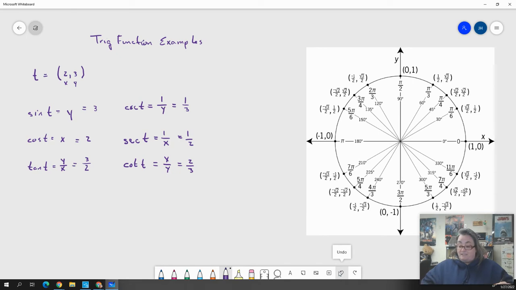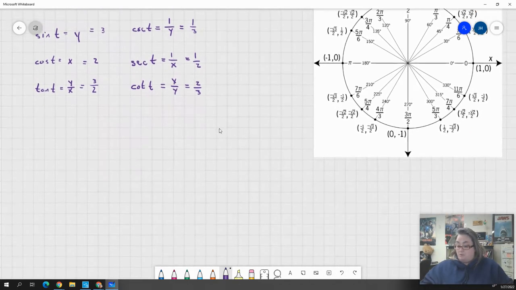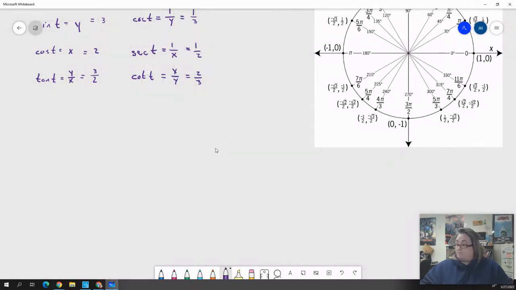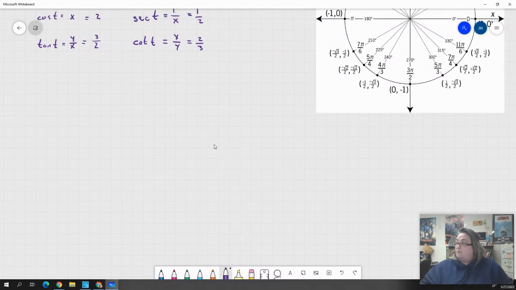So in our next example, I am going to do an example where we've got t equals 5 pi over 4.